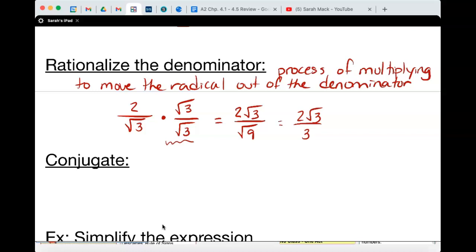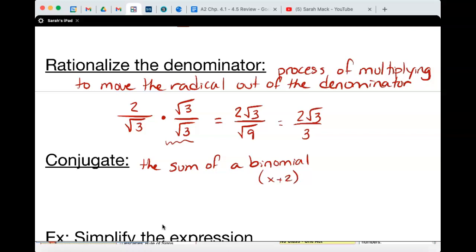Conjugates is slightly more complicated. Basically, a conjugate is, if you have the sum of a binomial, does anybody remember what a binomial is? It's got 2 terms, like x plus 2, for example.